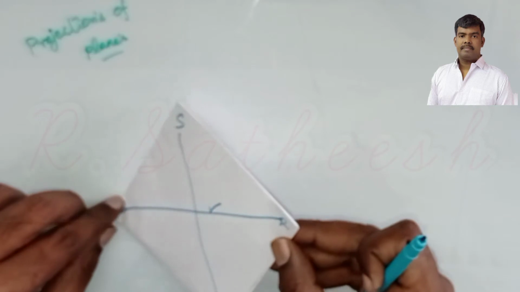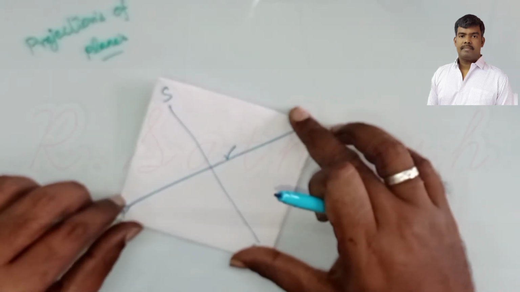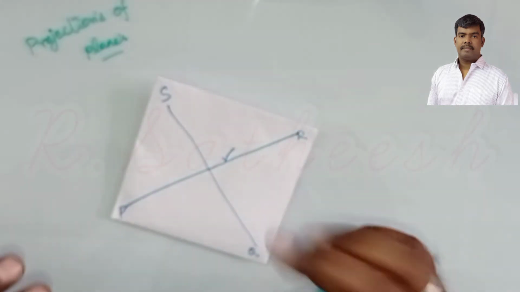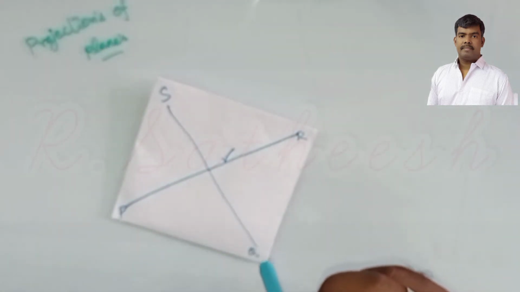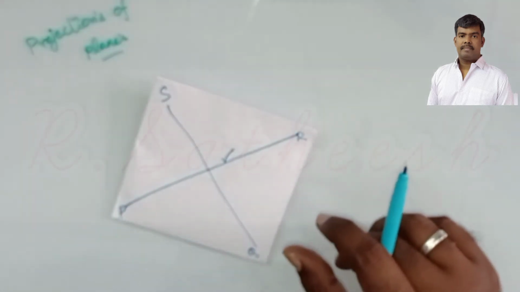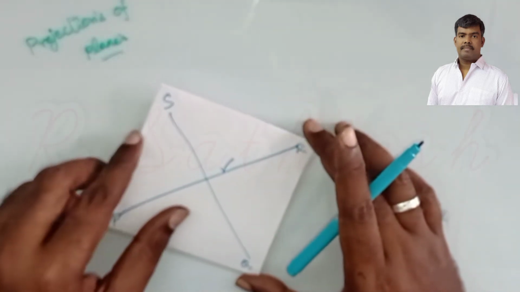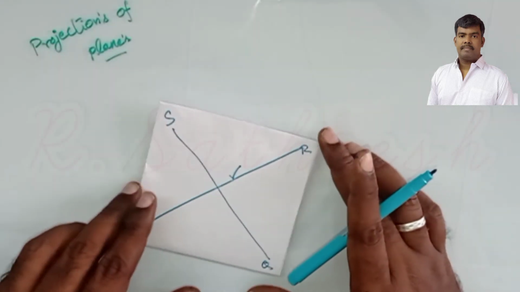Right. So the first one is before inclination, completely resting on the ground. Resting on the ground means the true shape, which is the square shape, is visible only in the top view. Therefore we draw the top view first. In the top view, the square is drawn in a diamond shape, which is equally inclined to VP indirectly.